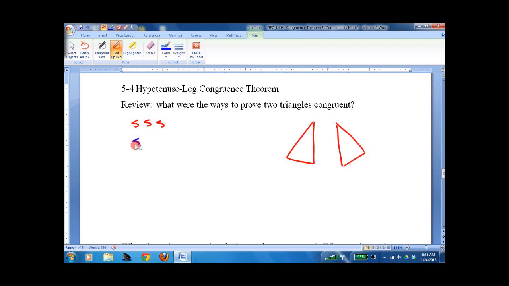We had side angle side. That would be a side and an included angle. We had angle side angle, which would be an angle, another angle, and the side in between them.